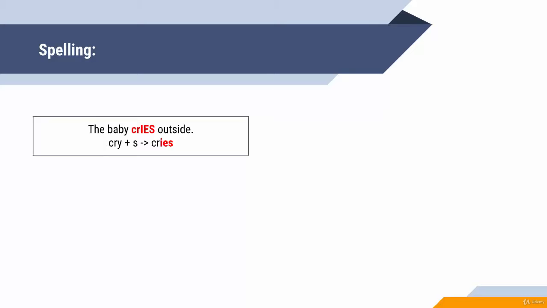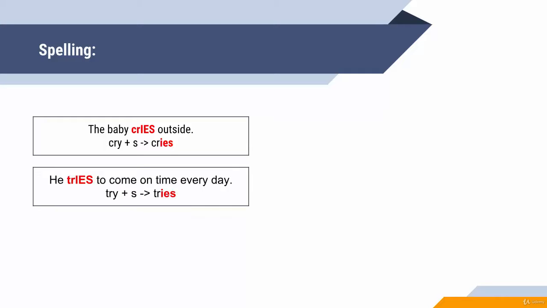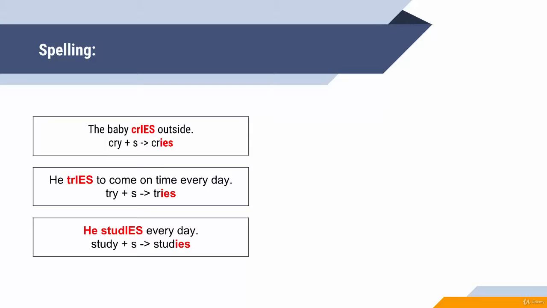The baby cries outside. Cry plus s, the verb is changed into ies. Y goes to ies. Another example. He tries to come on time every day. Try plus s. Y is changed into ies. He studies every day. Same change you can see.